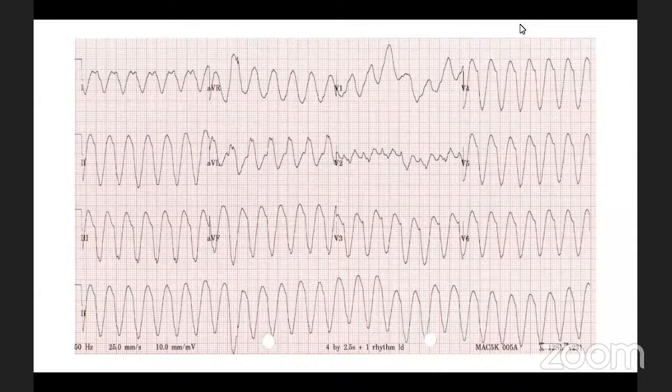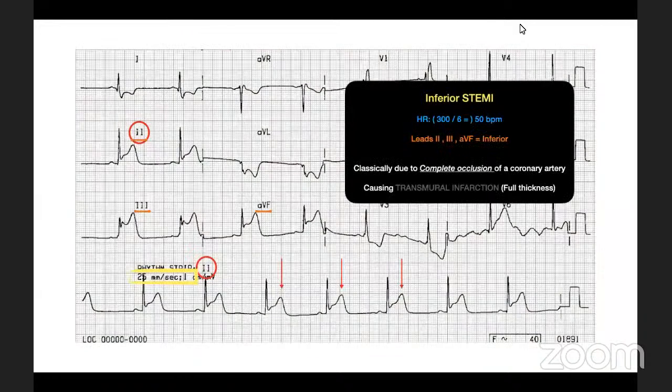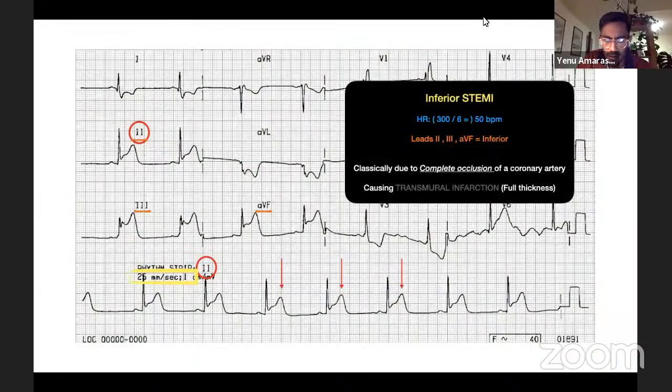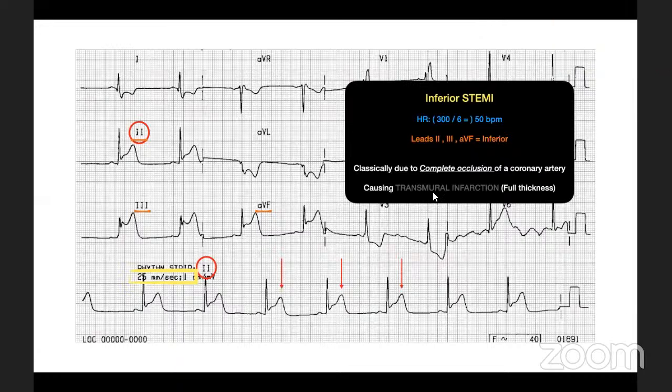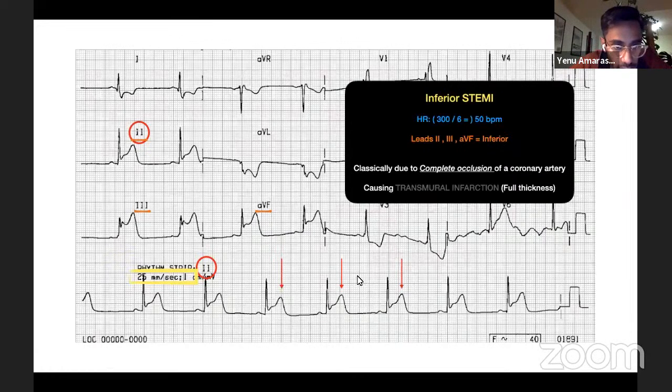The boxes are 7 or 6? Sorry, the boxes between the R to R? Oh, okay. Yeah, sorry. So I'll just calculate this with you. If you look at this R wave, assume that you go to one box before the end of that.